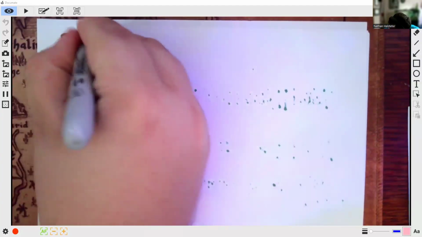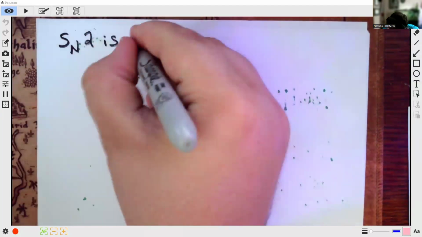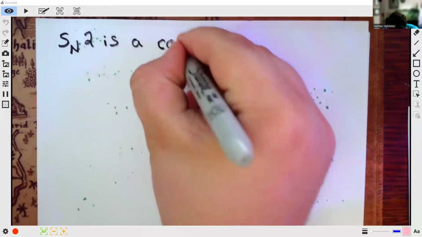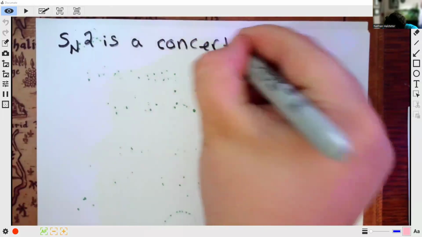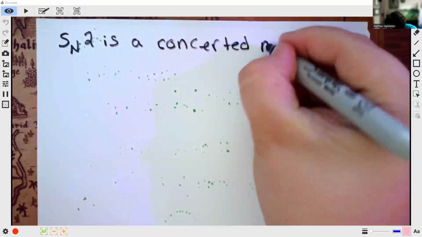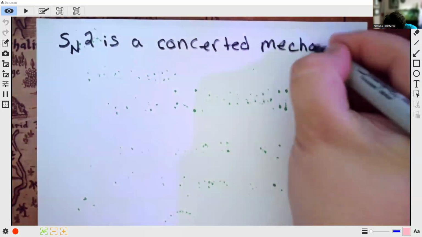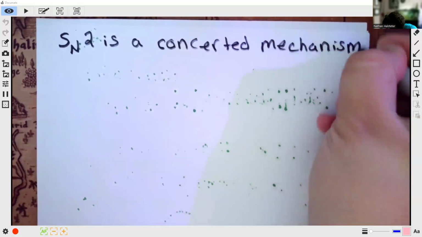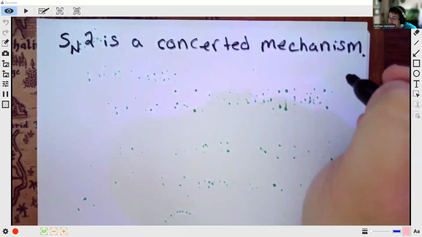SN2 reaction is a concerted mechanism. Great. What the heck does concerted mean? Let me tell you.